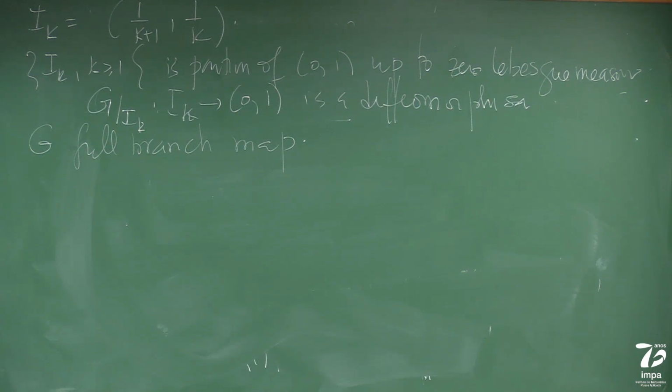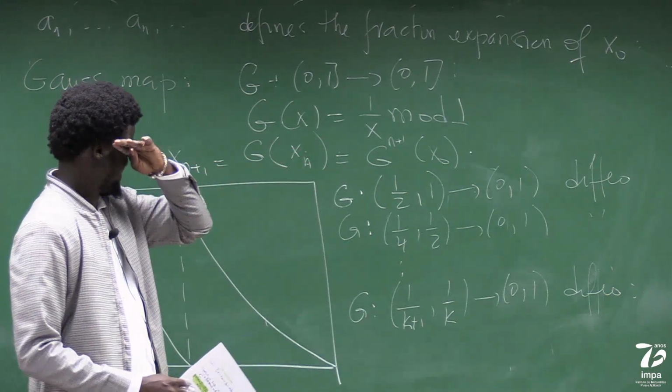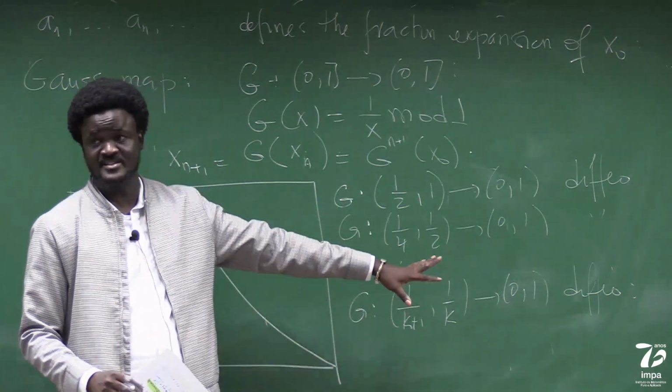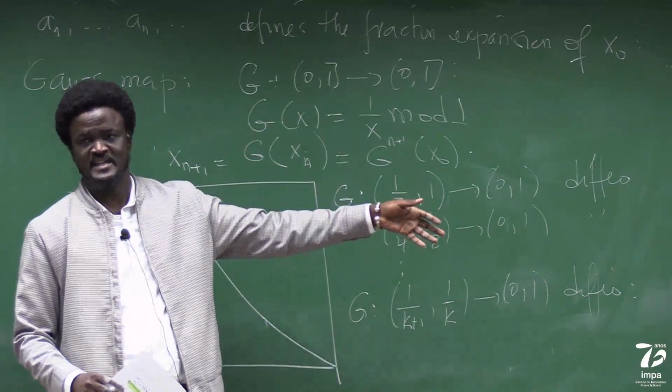Okay, so you can find the invariant measure for this map using the Perron-Frobenius operator. One could do the calculation of the Perron-Frobenius operator and find your density, okay?